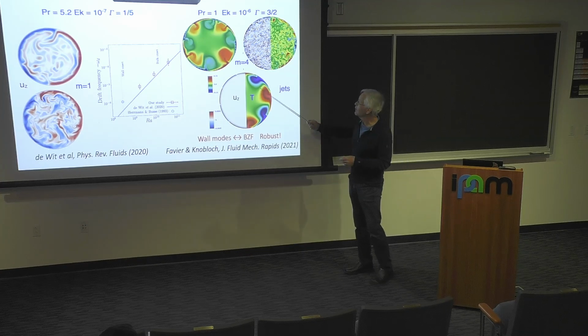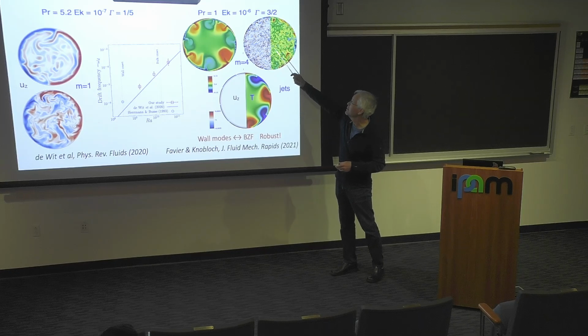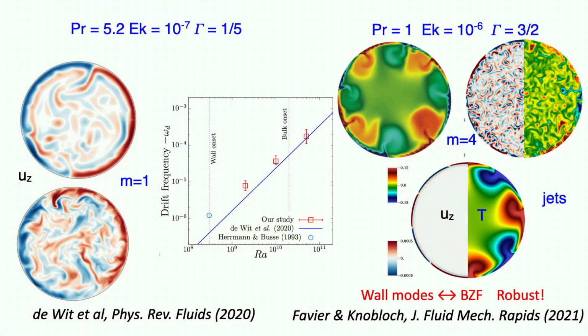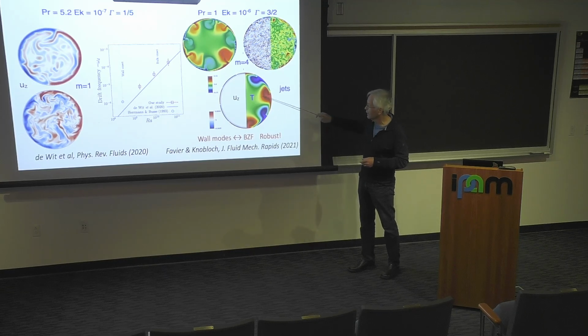One of the things you'll notice right away, so these are simulations that Favier did at 10 to the minus 6 and an aspect ratio of 3/2. More modes because of the wider aspect ratio. Notice how thin the region of the localization of the wall mode is in UZ compared to its breadth in temperature.